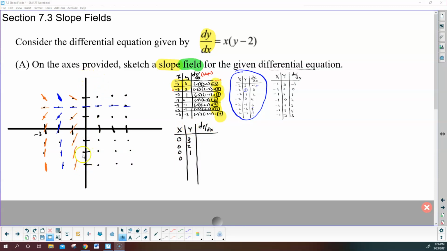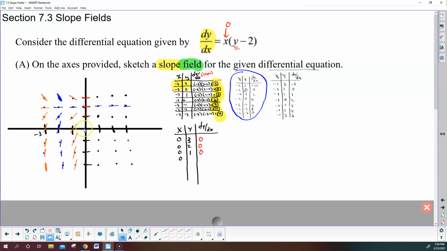Well, what about when x is 0? When x is 0, I started making my table, but then I realized there's a pattern here. Right? When x is 0, it doesn't matter what y is, right? 0 times anything will give me a slope of 0. So you don't need to show any of this work in the table. And then what you're going to do is draw a 0 slope, which we already have one here.